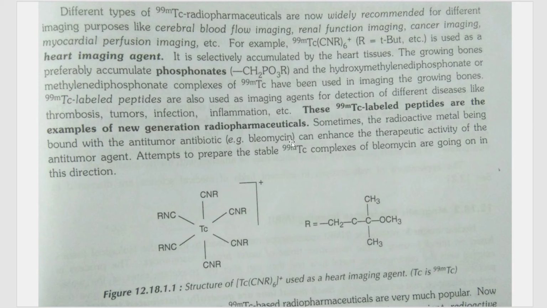One example given is bleomycin. Along with bleomycin, this technetium radioisotope is incorporated and then sent into the body, because of which its anti-tumor activity gets enhanced. And this is a diagram of the technetium-containing radioisotope, which is used as a heart imaging agent, for detection of tumors present in the heart.